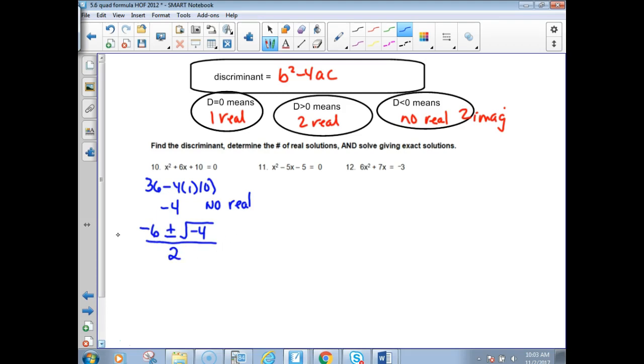Remember, these are called the solutions, the x-intercepts, the roots, the zeros. All of those mean the same thing. So if I simplify this, I get -6 plus or minus 2i divided by 2. And then the final answers would be -3 plus or minus i, because everything's divisible by 2.